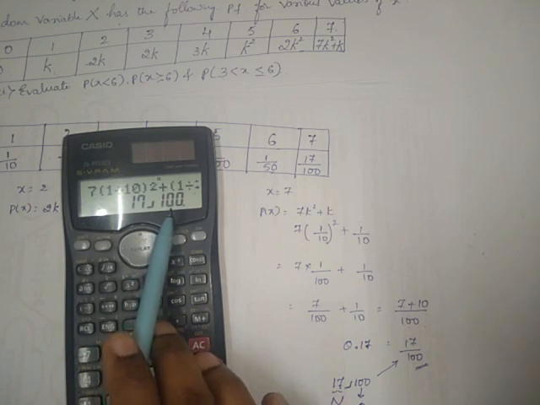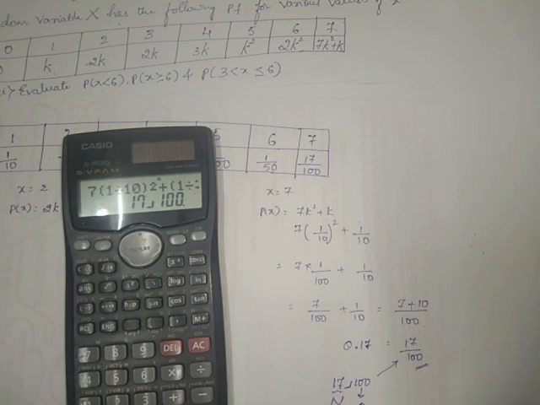If the answer is in a mixed form, a mixed fraction, then we will get the whole number first, then the numerator, then the denominator.